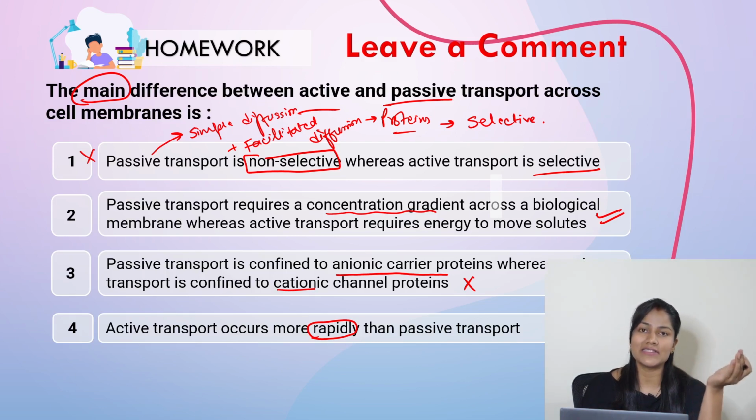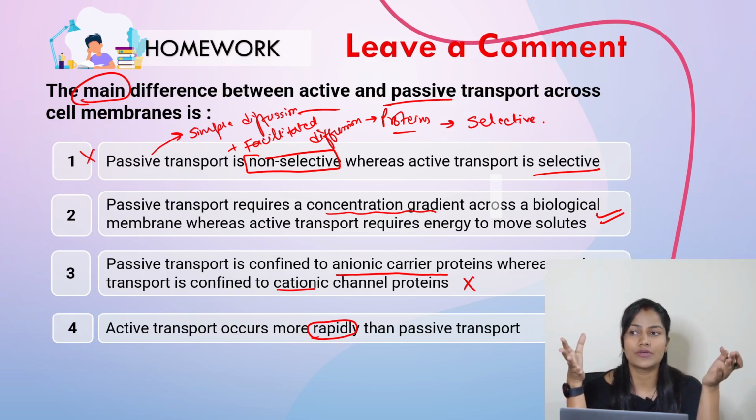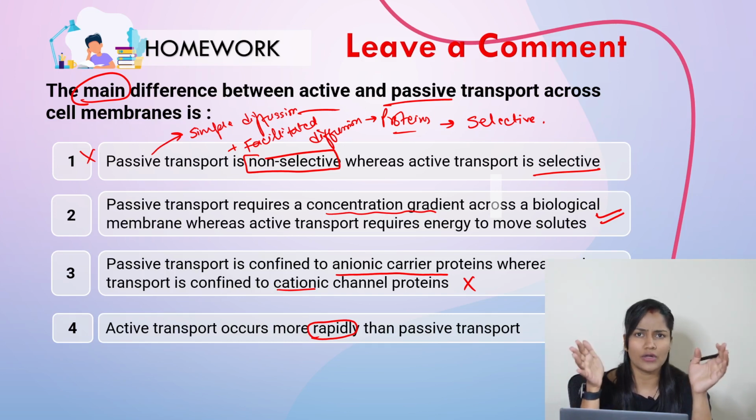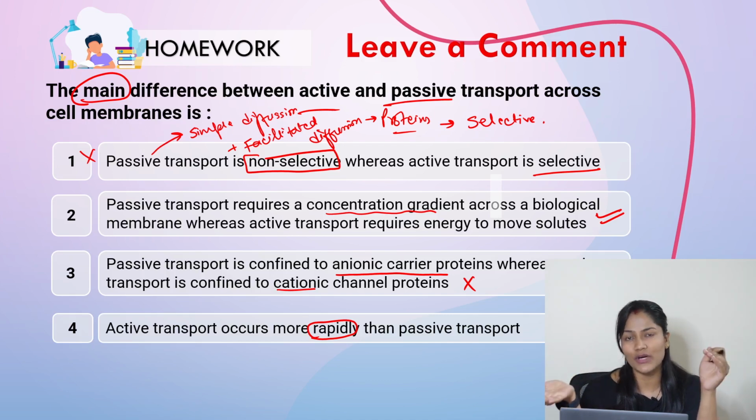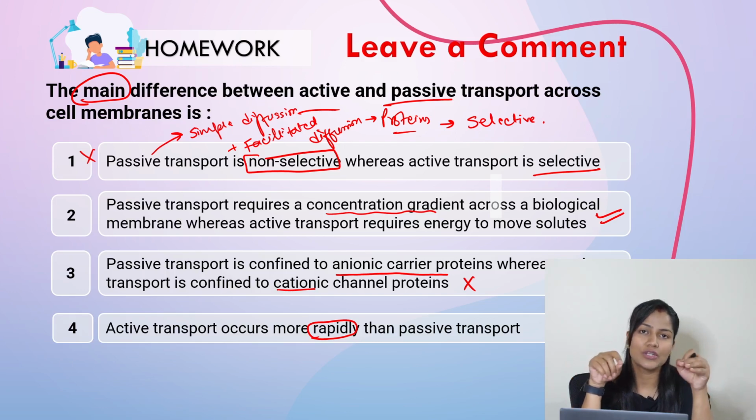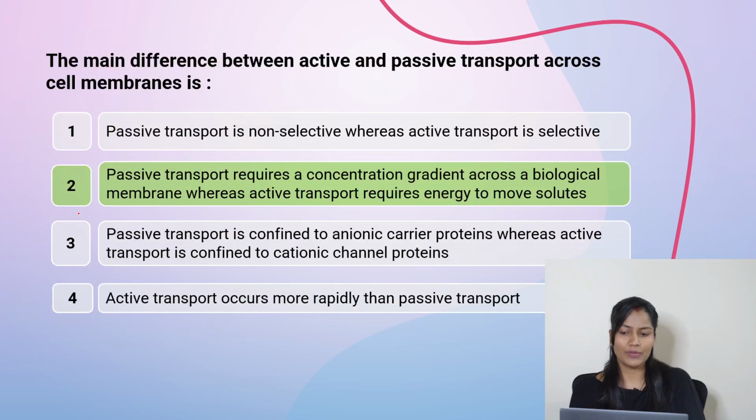Rapid here means the amount of active transport is more in a cell in comparison to simple diffusion or facilitated diffusion, which is wrong. This statement can be partially correct if we are not going into the technicalities of the word rapid. But as the question is asking for the main difference, the answer will be option 2.